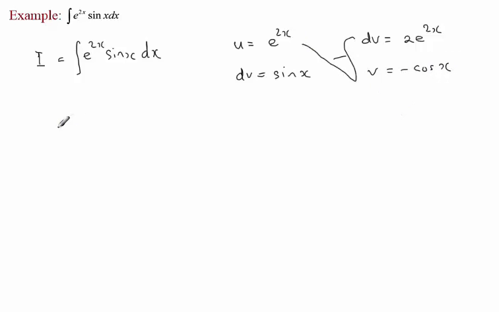Then I say I equals minus e to the 2x multiplied by cosine x, and look, it will be minus this minus and that minus, that will be plus. Do you agree? Yes or no? Then I've got the integral of 2e to the 2x cosine x dx.